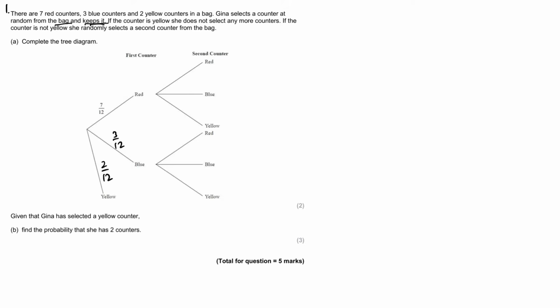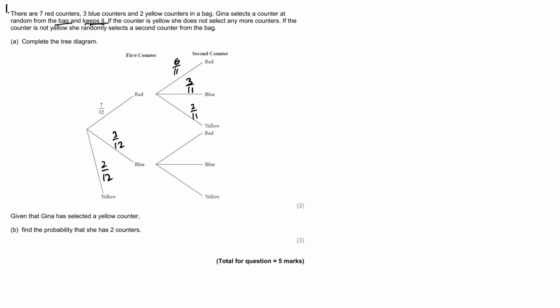So, if I follow on this red one, she's taken a red, so there's now 6 reds. So this is going to be 6/11. But we still have 3 blues and 2 yellows. And just double checking, 6, 3 is 9, 10, 11. These should always add up to the same as the bottom value.